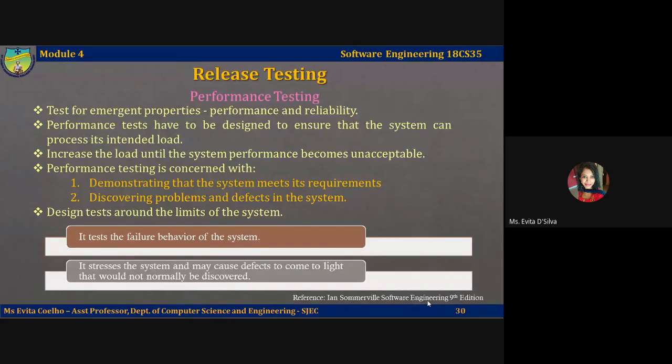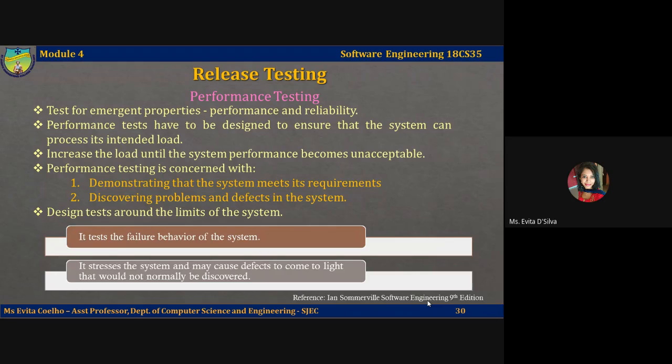This usually involves running a series of tests where you increase the load on the system until the system performance becomes unacceptable.